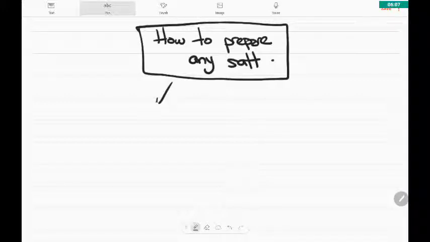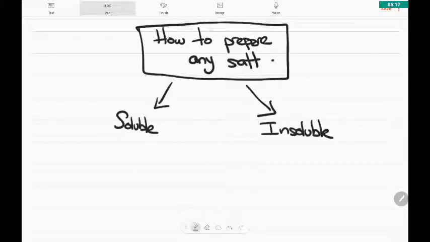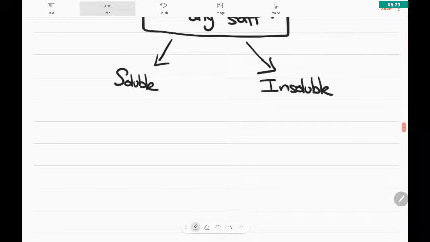Okay, so the first question we always ask ourselves is whether or not the salt is soluble. Is it soluble or is it insoluble? Okay, if it's insoluble, we immediately use the precipitation method. If it's soluble, we have to ask one more question.